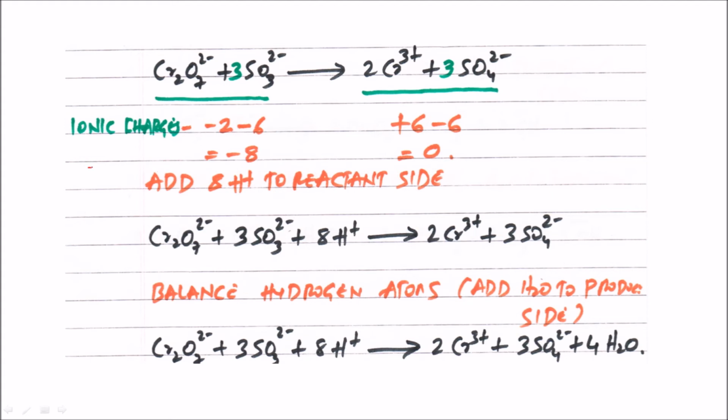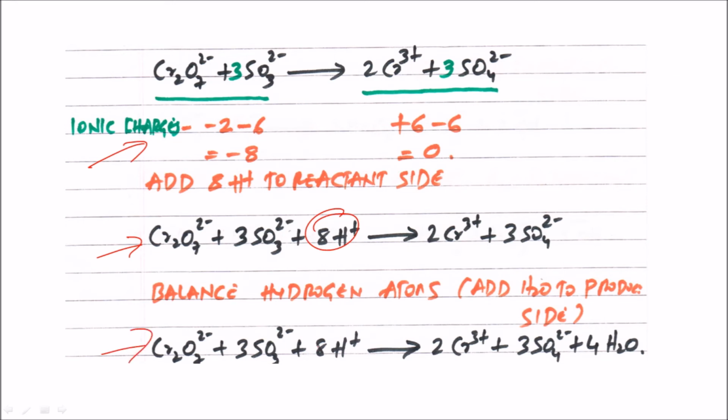Once the number of electrons is balanced, the next one is ionic charges. We need to make them equal on both sides, and once ionic charges are balanced, we can balance with the help of H plus, or you can take OH minus, and at last we need to balance hydrogen and oxygen, right? So in this way we do the balancing.